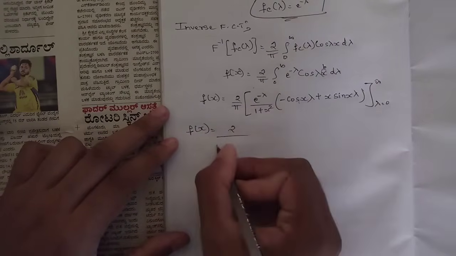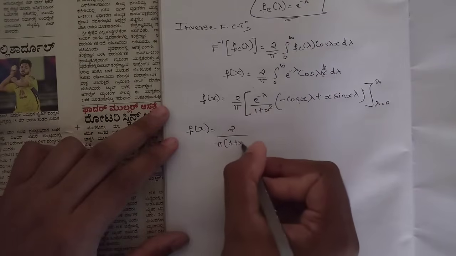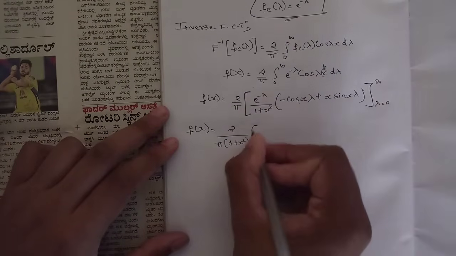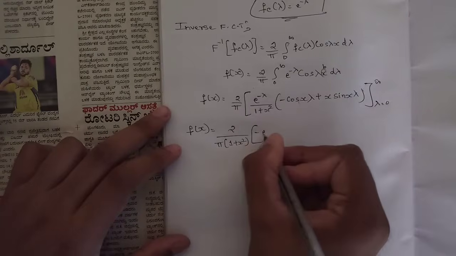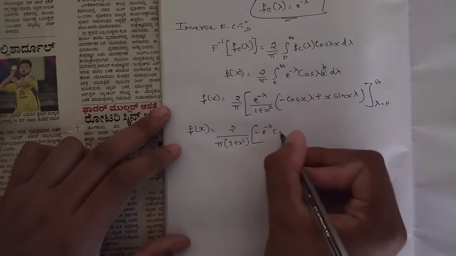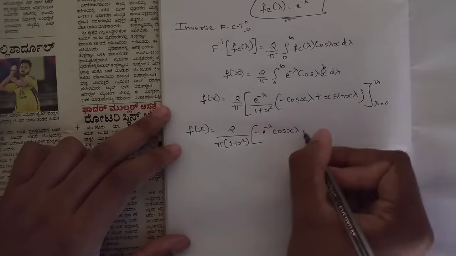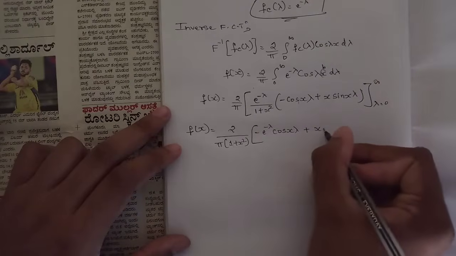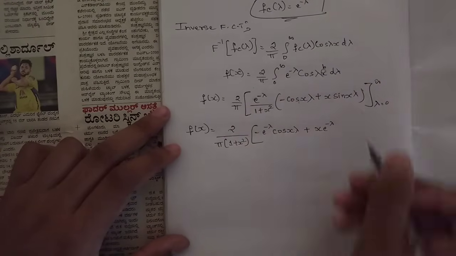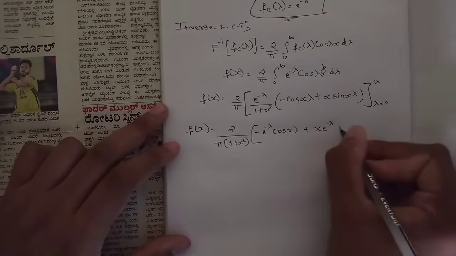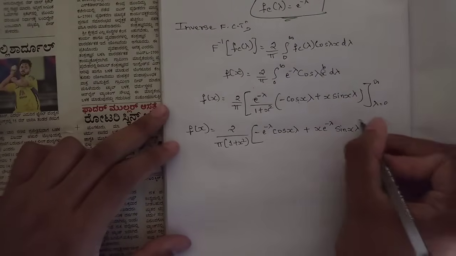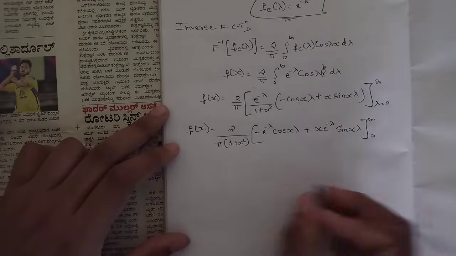Take this 1 plus x square common outside, and minus e to the power minus lambda cos x lambda plus x e to the power minus lambda sin x lambda. The limits are from 0 to infinity.